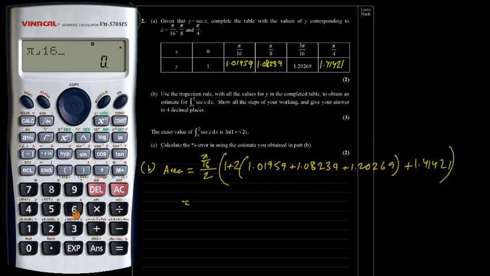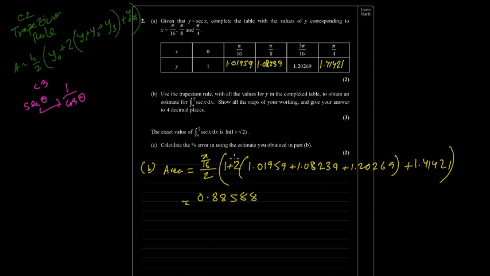Pi by 16 divided by 2, then multiplied by bracket 1 plus 2 bracket 1.01959 plus 1.08239 plus 1.20269 bracket closed, plus 1.41421 bracket closed equals to 0.88588.